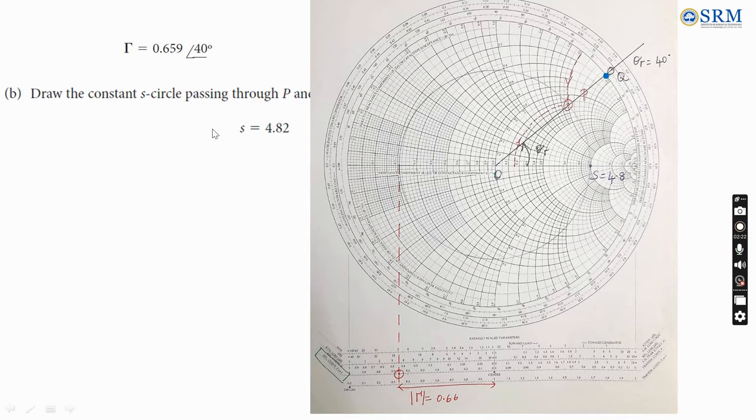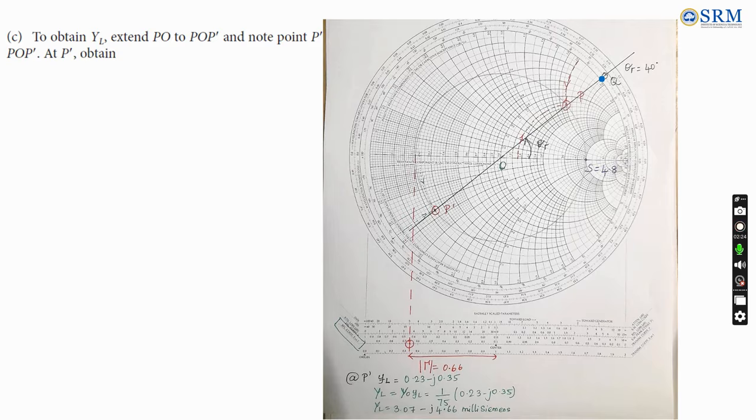In the next step, to obtain the load admittance, we have to extend this PO line to P dash, since admittance will be located just opposite to the load impedance. At the point P dash, we have to find what R circle and X circle is passing there. Since it is lying below, it's a negative reactance.